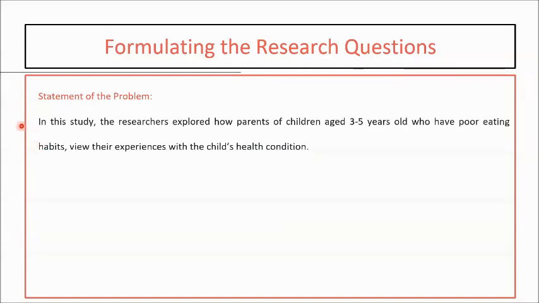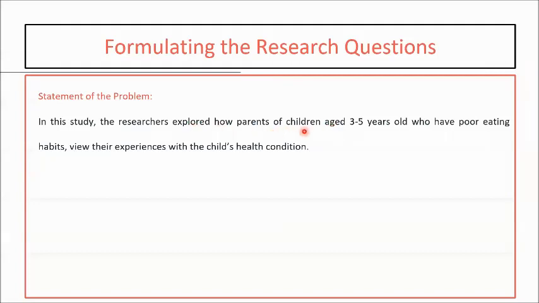So, this is an example. In this study, the researchers explored how parents of children aged 3 to 5 years old who have poor eating habits view their experiences with the child's health conditions. So this is the major or the general problem. This is an example of a statement of the problem. So the general problem is what?